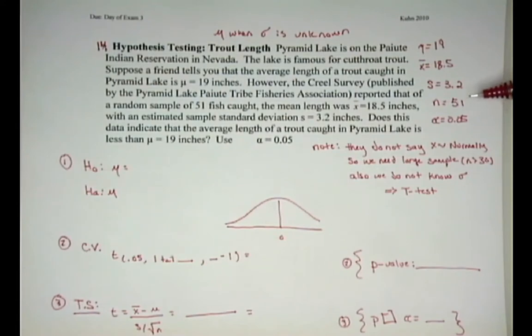What results from that is you're going to get some smaller p-values. Because I come from a more traditional and conservative background, when we don't know sigma, we go with a t-test because that gives us a little bit larger p-value, and that helps us avoid making type 1 errors.